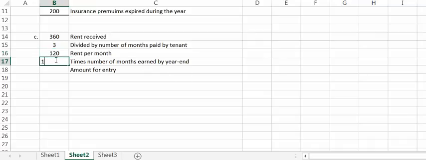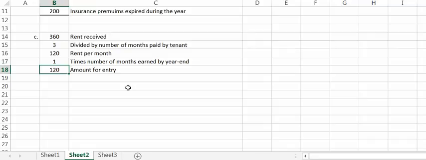In this case, that's only 1 month. So we'll say 120 times the 1 month gets us, of course, 120. There's the amount for the entry. We always want to make the entry for the amount of rent earned from the day the payment was received to the end of the year.